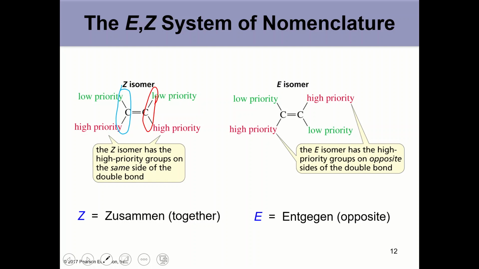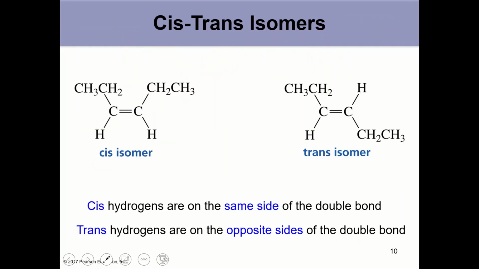And so the ACS will use both when describing cis isomers. So a cis isomer is a Z isomer, but a Z isomer is not necessarily a cis isomer. And a trans isomer is an E isomer, but an E isomer is only a trans isomer if there are two identical groups.